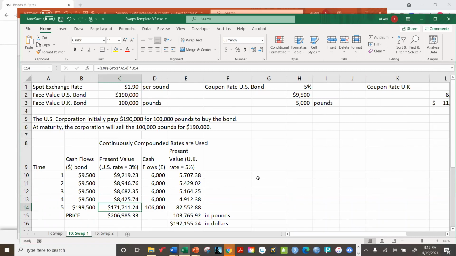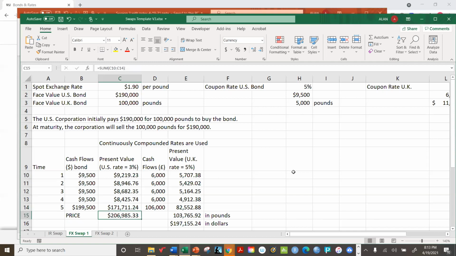It doesn't have to work that way. A lot of Hull's examples, he likes to have the same rate for several years in a row. So we're assuming, to keep things extremely simple, the US rate of interest will stay at 3% for the foreseeable future. So all these cash flows are discounted at the US rate of 3%, but we're using continuously compounded rates. And so these are the numbers we came up with.